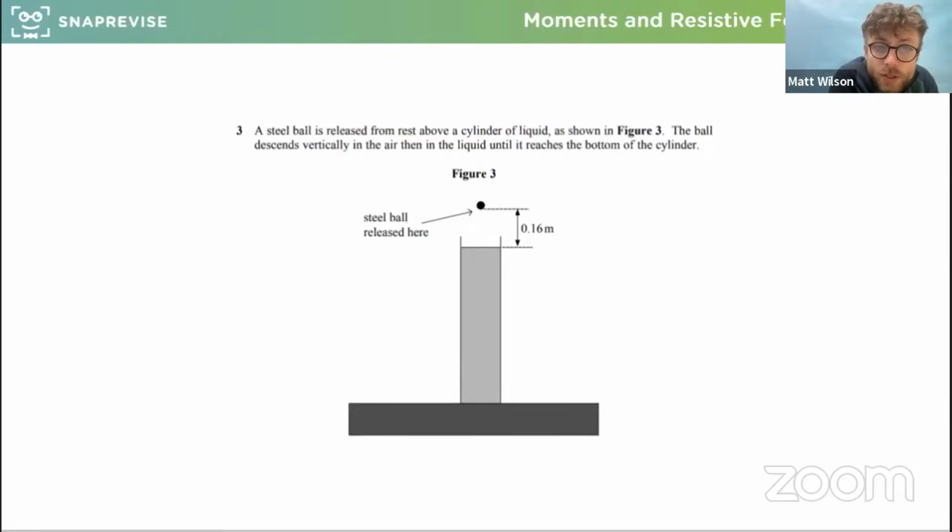The ball descends vertically in the air and then in the liquid until it reaches the bottom of the cylinder. We start with a ball here. It falls in the air, and then in the liquid, makes sense, until it reaches the bottom of the cylinder.